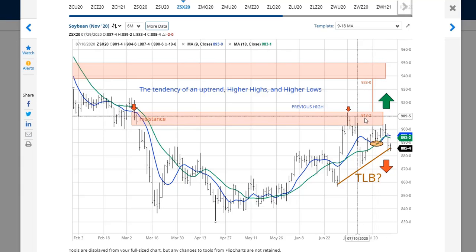Matter of fact, it made a lower high, which is one of the tendencies of a downtrend. Now we're kind of stuck in the middle here, aren't we? Is this trend line about to break and price go below here, or is price going to get back above my moving average and take out this high and go above here, right?